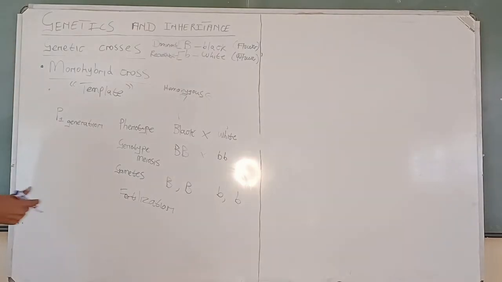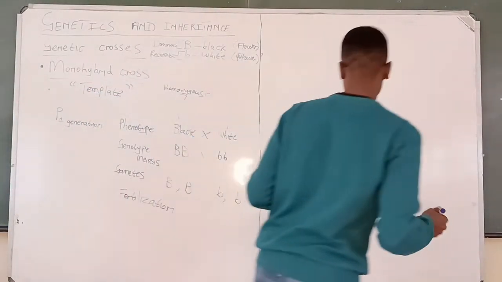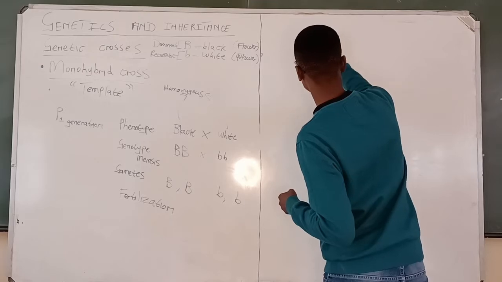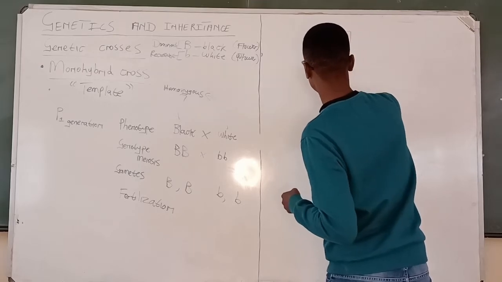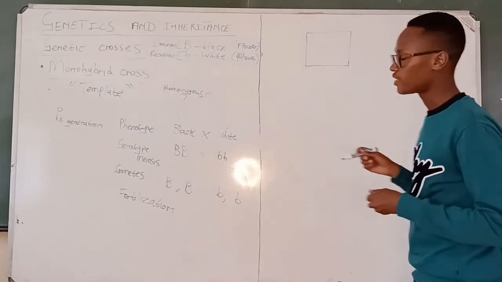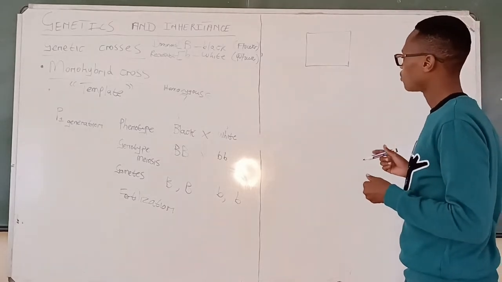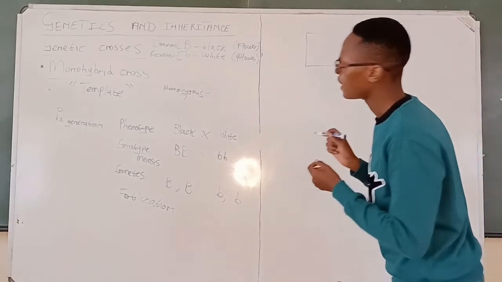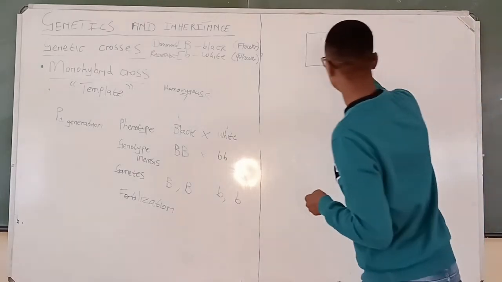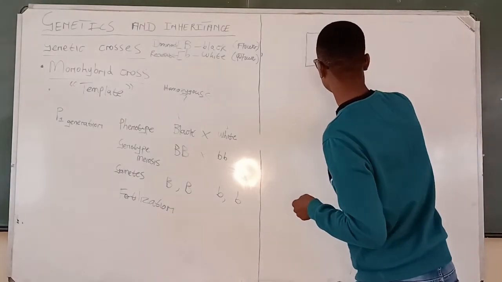I'm going to show you fertilization using what we call a Punnett square. This box is called a Punnett square. It is used in genetic crosses to show how the gametes are able to fuse together during fertilization.